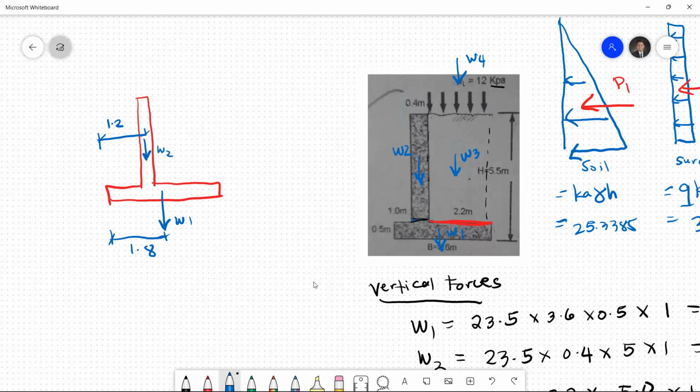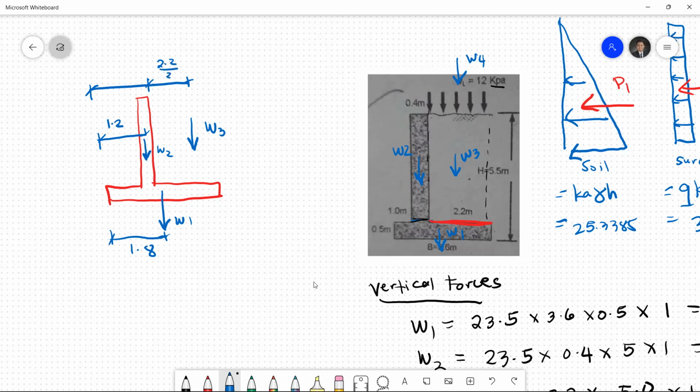And the distance of W3, okay, sorry, the distance of W3 will be 2.2 over 2.